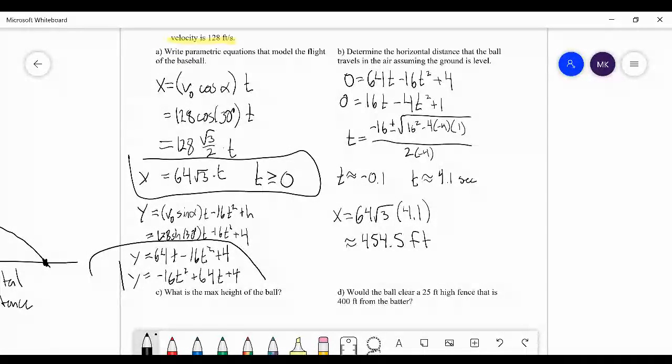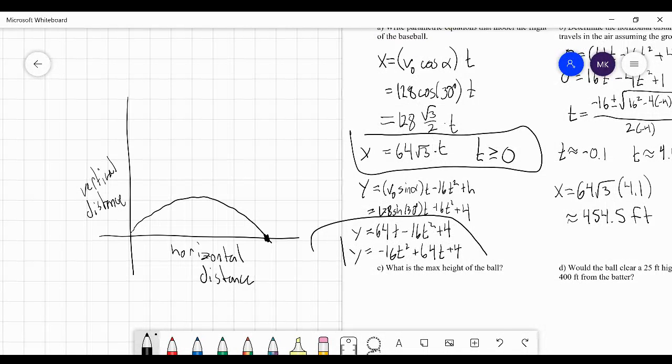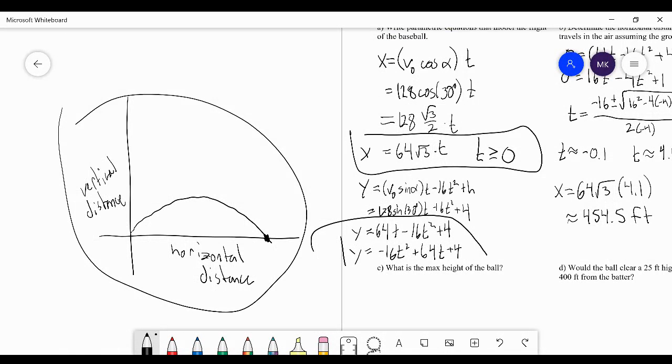What it really relies on is understanding what's happening here. Remember that this is a parametric equation, so there's a directionality to it, and it really is the flight of the ball. That looks kind of like a baseball, or part of a baseball.